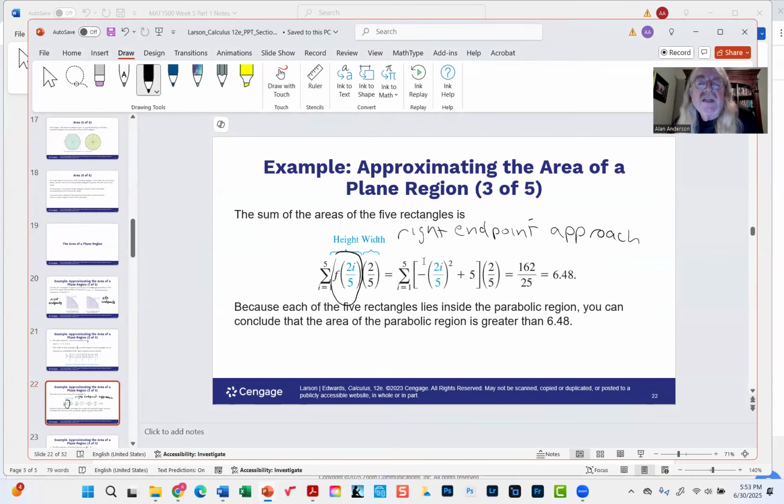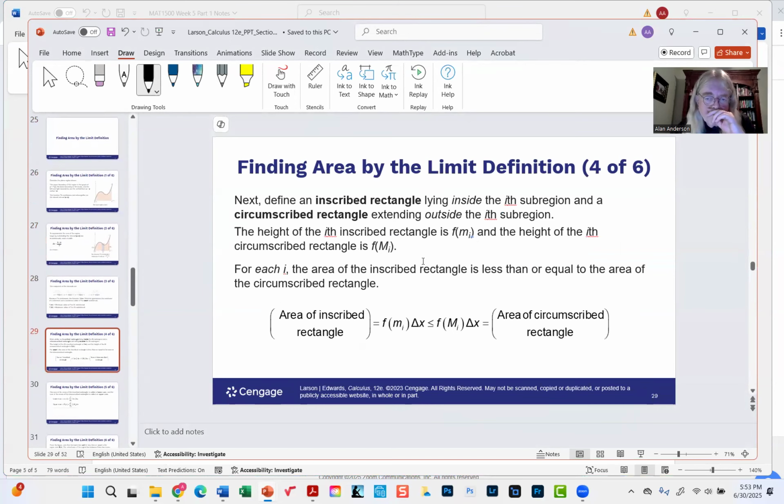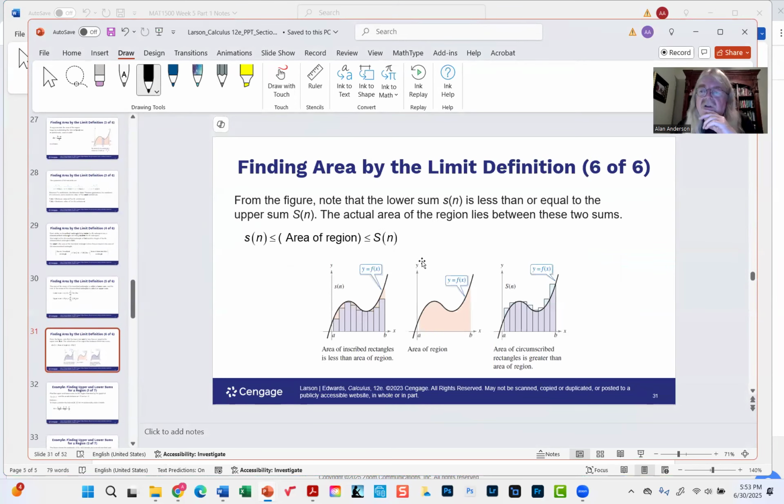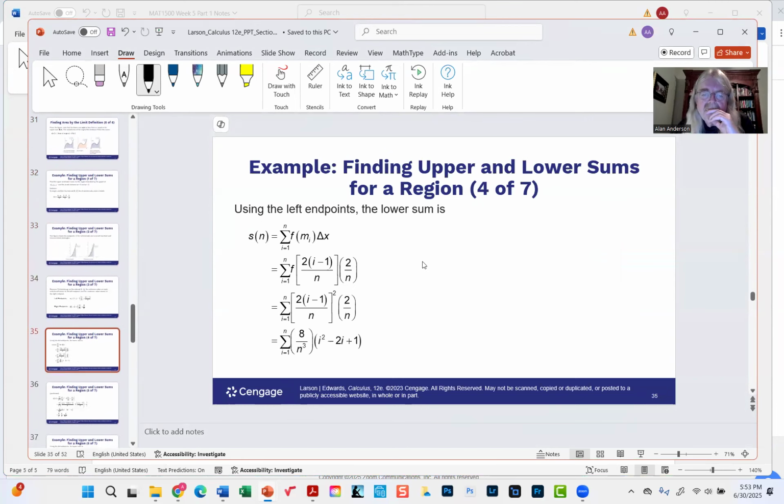So basically what they're saying is, based on those formulas for the left and the right endpoints, we can solve for these sums, the lower and the upper sums. First the formula m sub i is, as we just saw, 2i minus 1 over n. f of that is what we're looking for. 2 over n is the width of the rectangle.